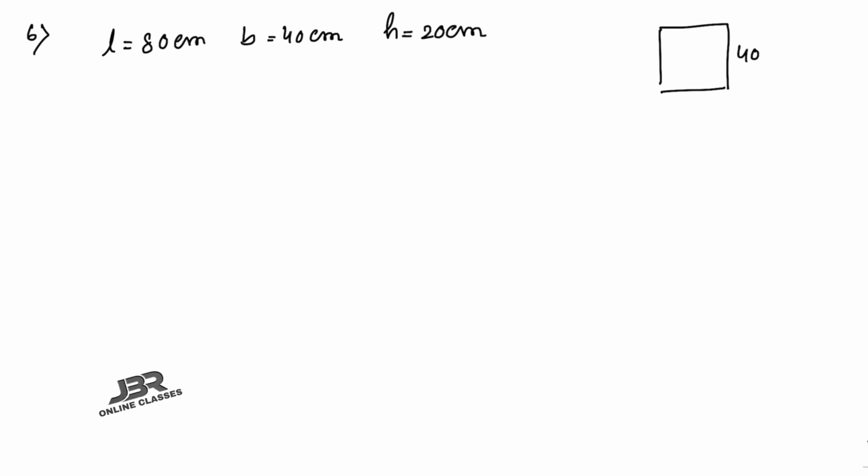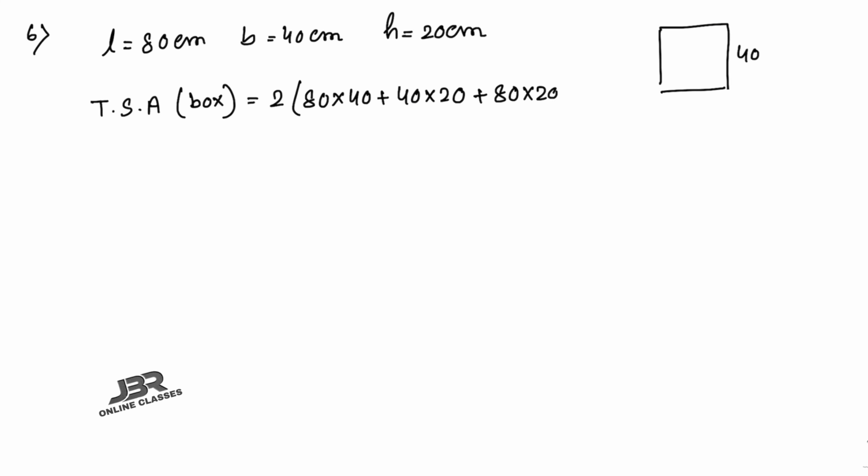So first you have to find out the total surface area of the box. Total surface area means 2 into (80 into 40, plus 40 into 20, plus 80 into 20) centimeter square. So 80 into 40 is 3200, then 800, 1600 centimeter square.